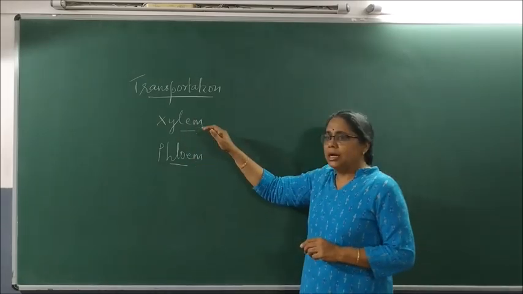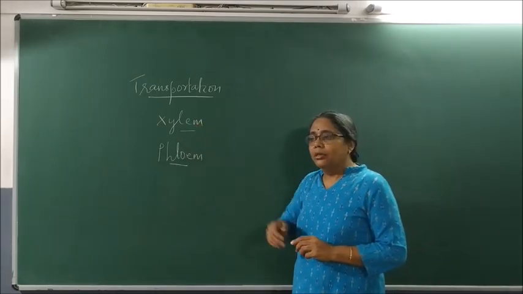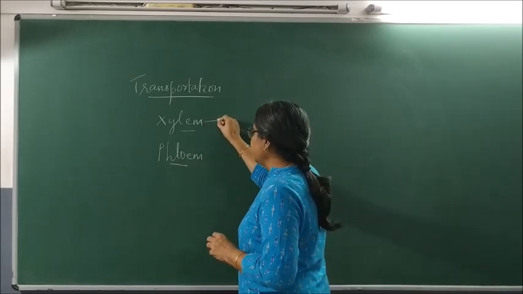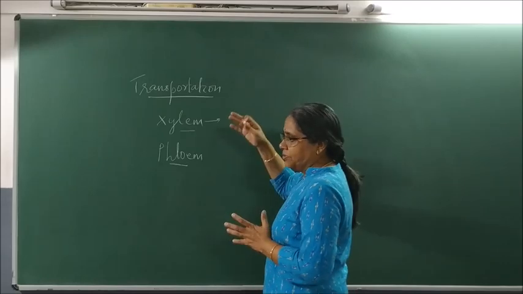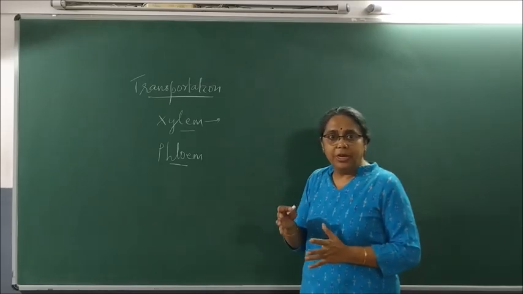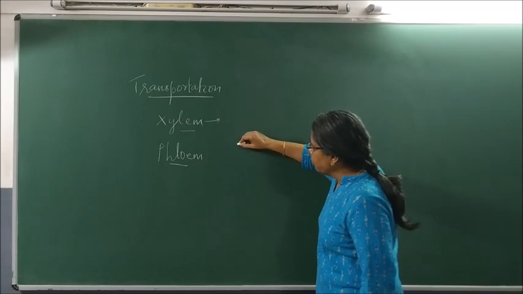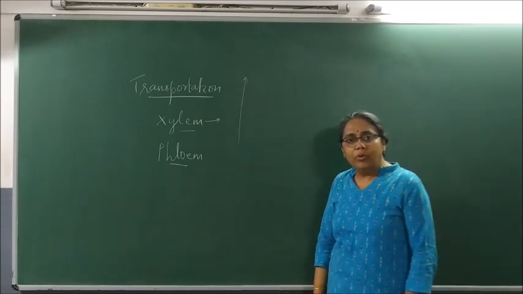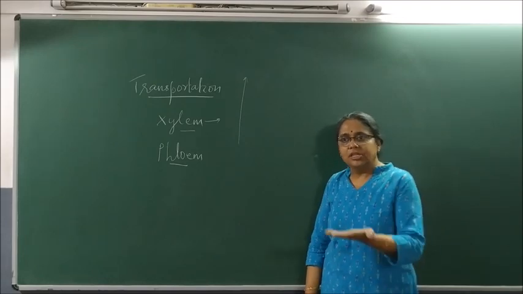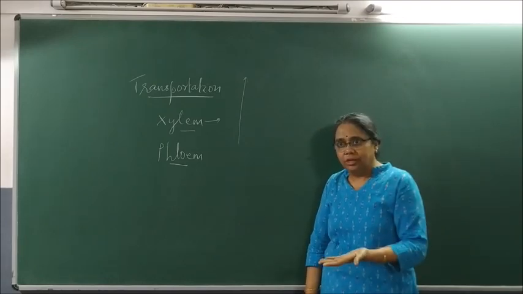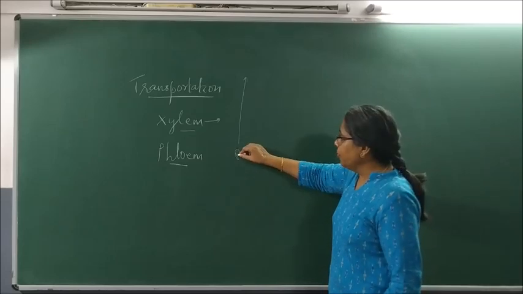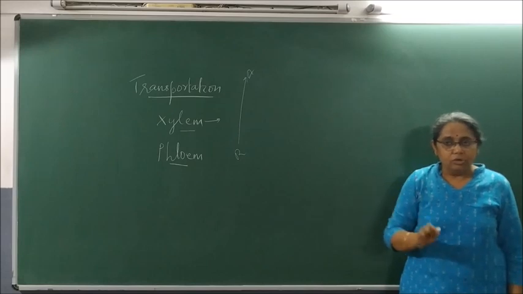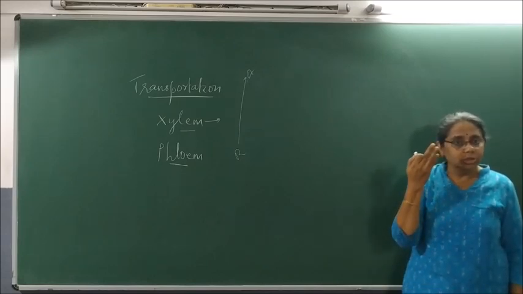The most important aspect of xylem is that it takes water, dissolved minerals, etc. from the root to the aerial part of the plant. That means xylem always takes substances in only one direction, from the root to the topmost part of the plant. So it takes from bottom to top.